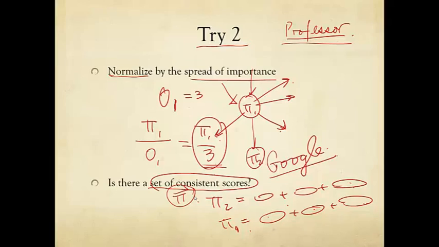If not, then we're in trouble. So the question now is, how can we modify this basic intuition in our try number 2 in order to guarantee both the existence of such a set of consistent scores and an efficient way to compute these scores?